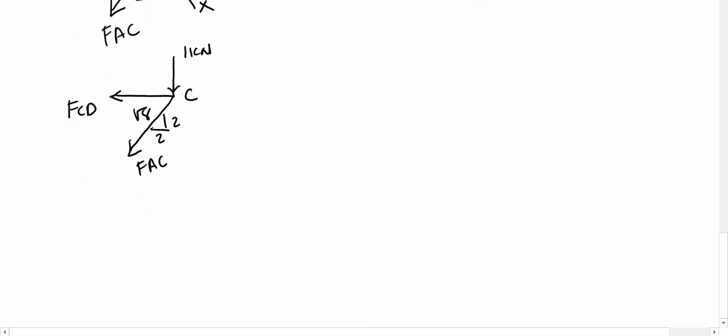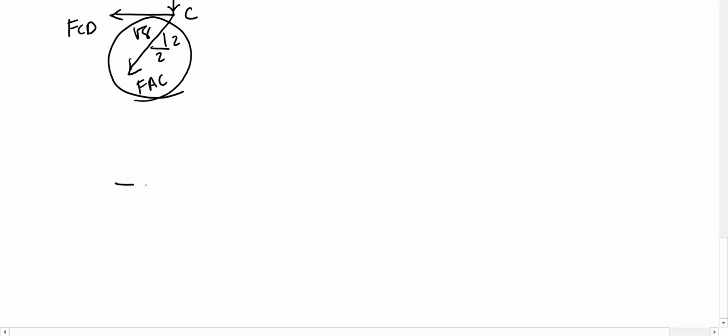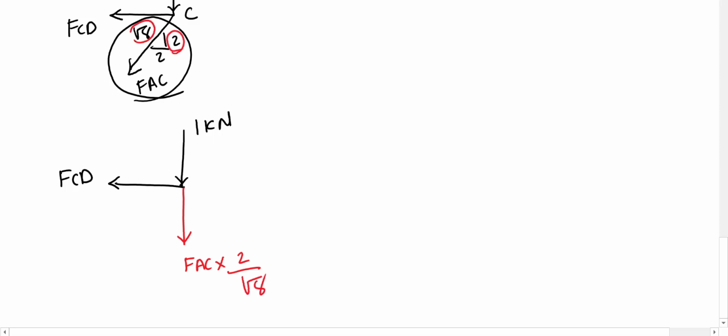Now let me redraw this again by changing this diagonal to its vertical and horizontal components. That will make it easy. 1 kilonewton, FCD, and because of this we have FAC times 2 over square root 8. That 2 is coming from here and the square root 8 coming from here, and we have this force going along the horizontal, which is as well FAC times 2 over square root 8.